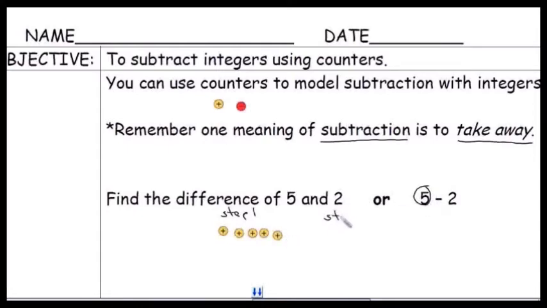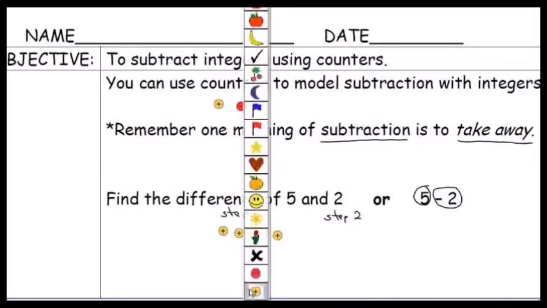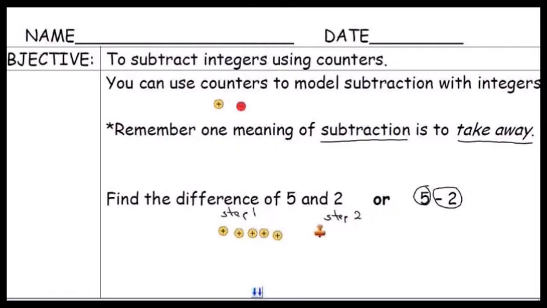Then step 2 would be to show that I'm taking 2 away. So between the minus and the 2, take away 2. I'm going to redraw my 5 counters, and I'm going to take away 2 because it says take away 2.